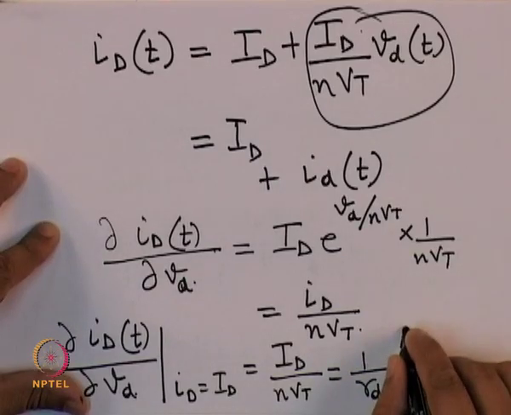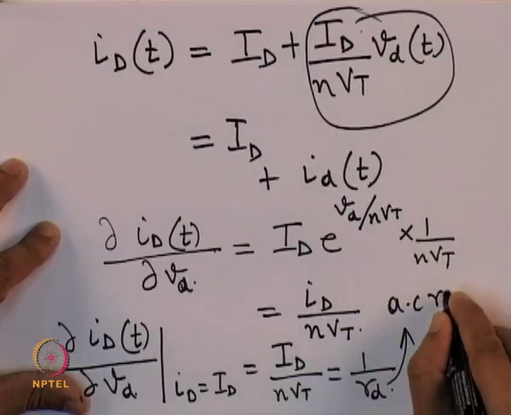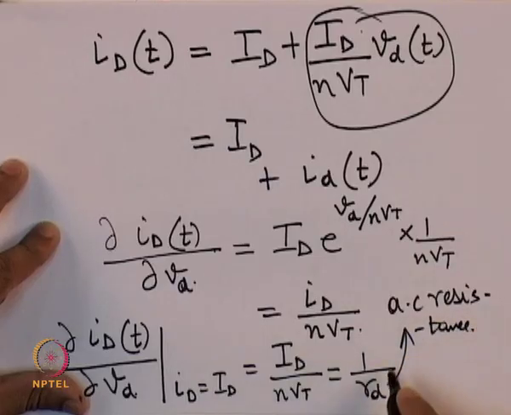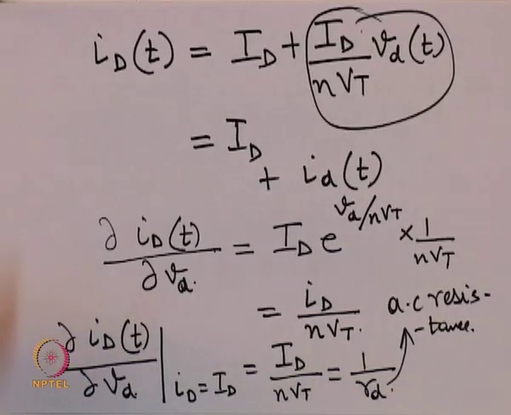So, this is known as the AC resistance, and it is given by the inverse of this quantity.